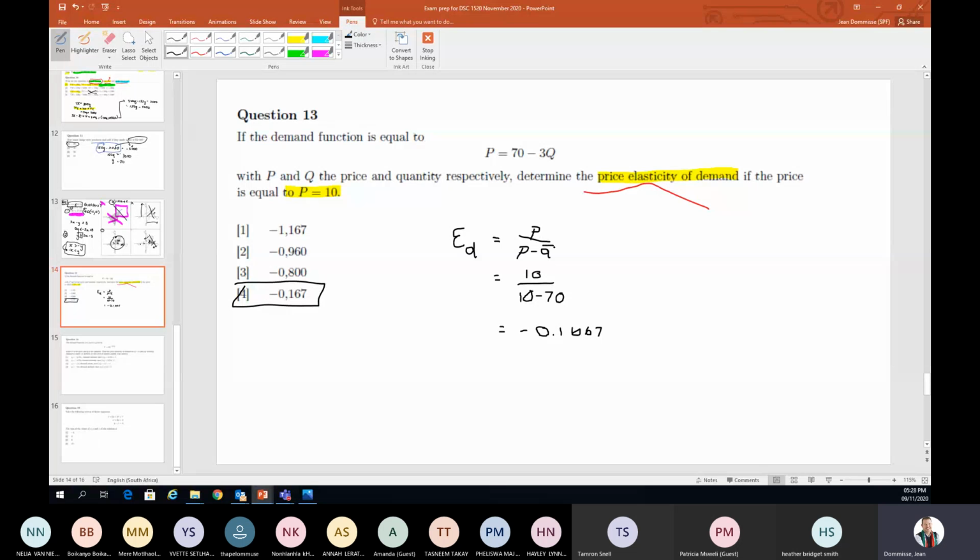Just that A is a reference to the 70. So the P is the price that they give us, the 10, and that A. This is, I think, on page 1 of the notes that I sent you guys.